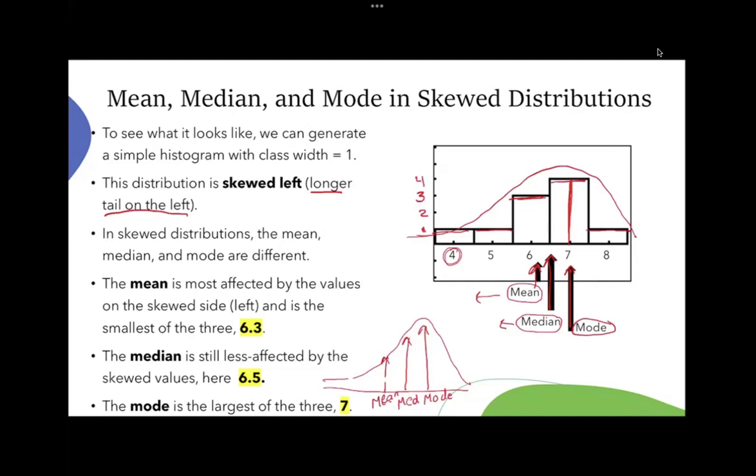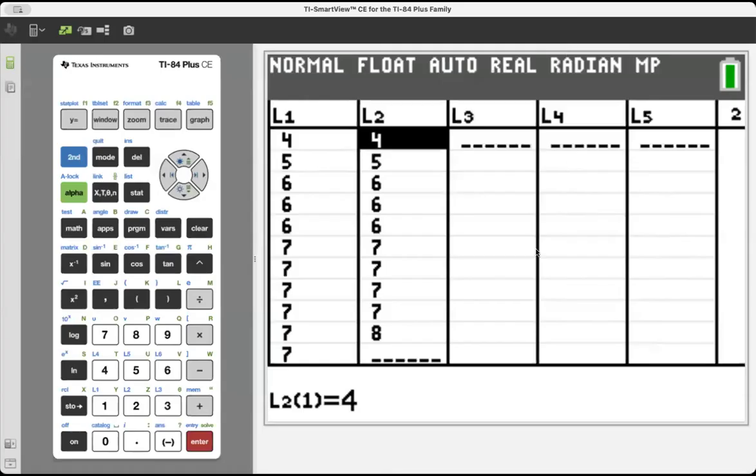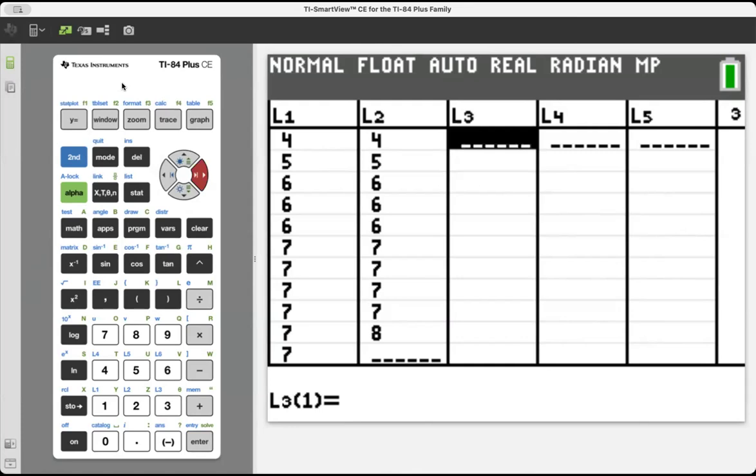Let's look at the other direction. Let's look at skewed right now. Putting these numbers into our calculator, we're going to find the mean and the median again. So I'm going to put this into L3. We're going to put 6, 7, 7, 7, 7. Okay, so it looks like 7 is still the mode here.